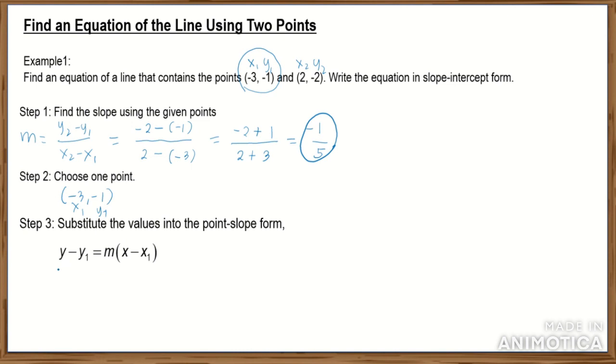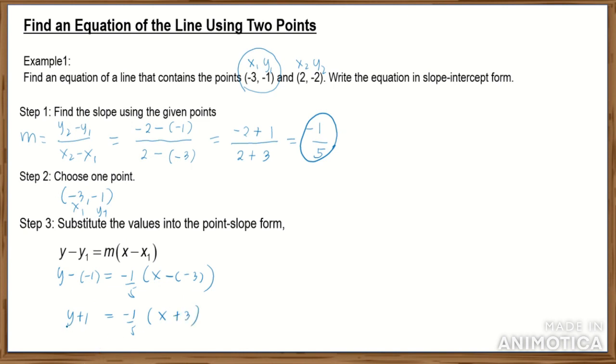So we have y minus y sub 1, which is negative 1, equals the slope, negative 1/5, times x minus our x sub 1, which is negative 3. Simplify the signs first so you'll not be confused. So we have y minus negative 1 is y plus 1 equals negative 1/5 times x plus 3.